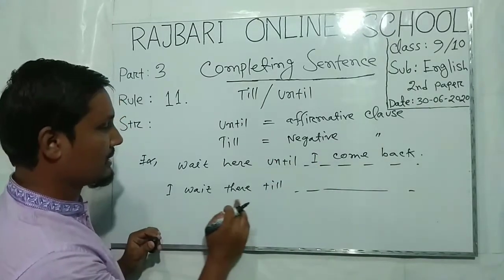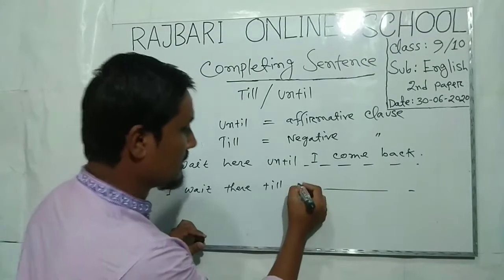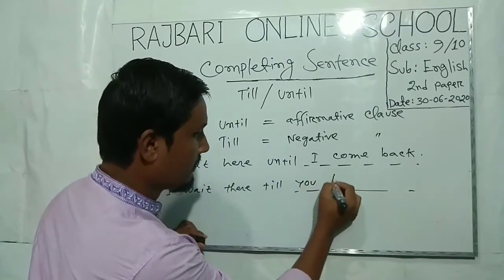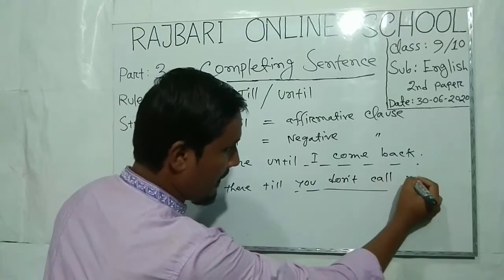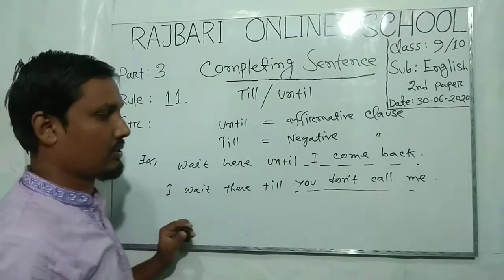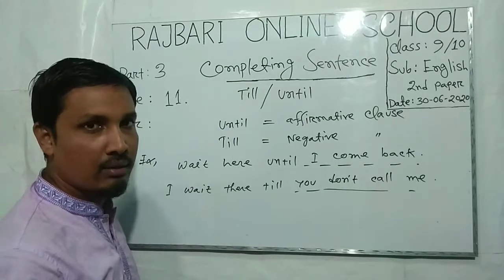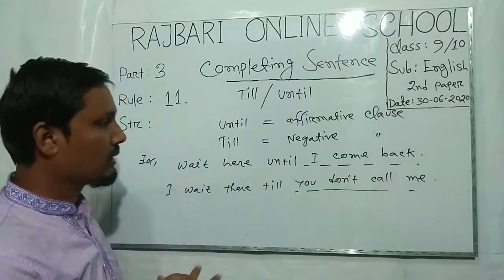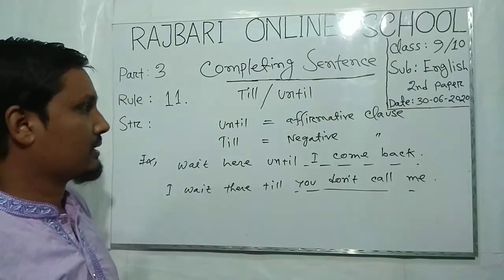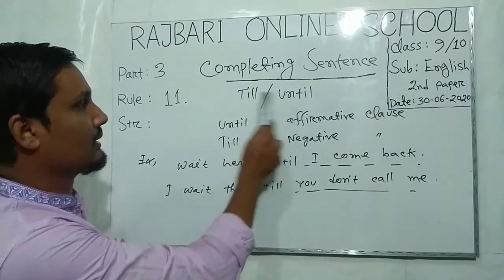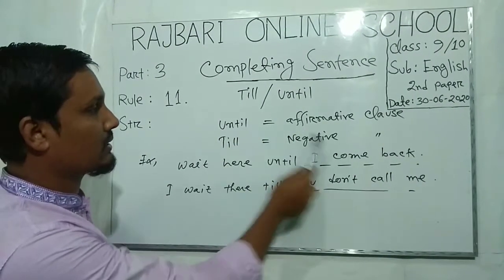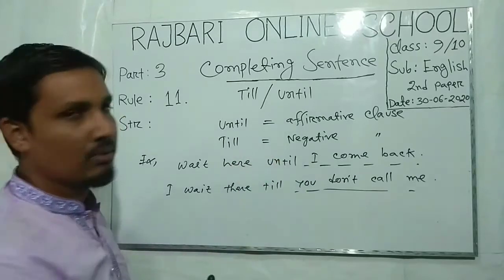I wait there until you don't call me. Can you understand, my student? I hope you have understood all the things I discussed about rule 11. Till, until. Till indicates negative, until indicates affirmative clause.